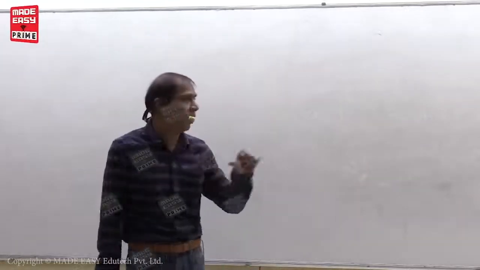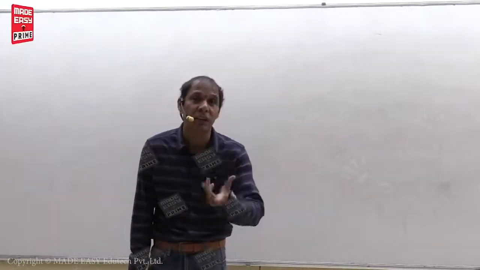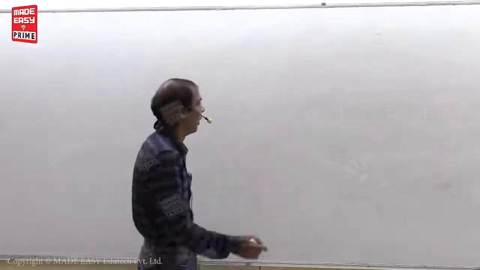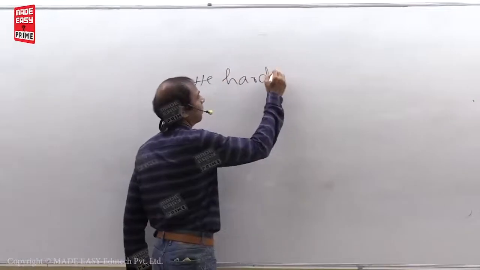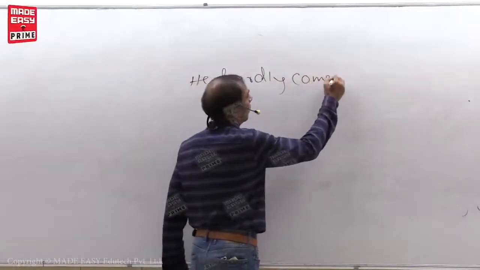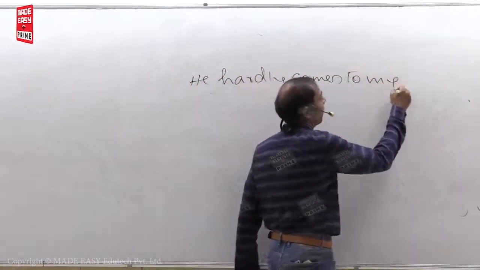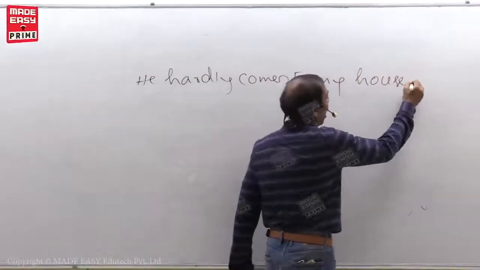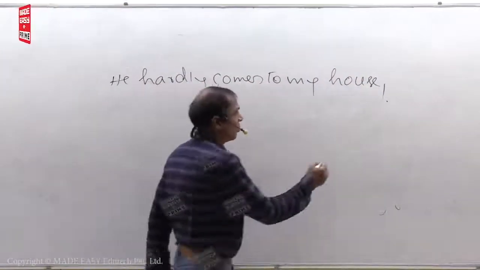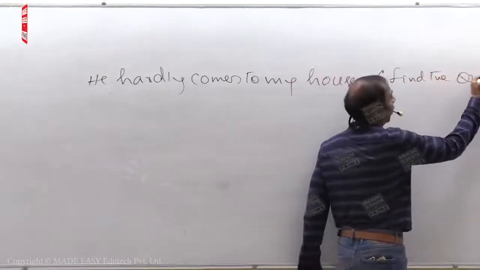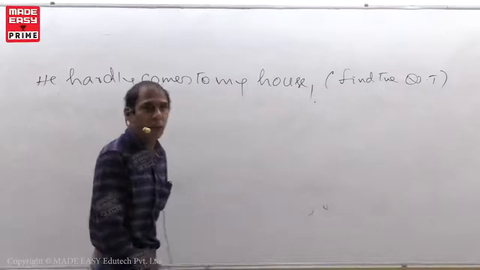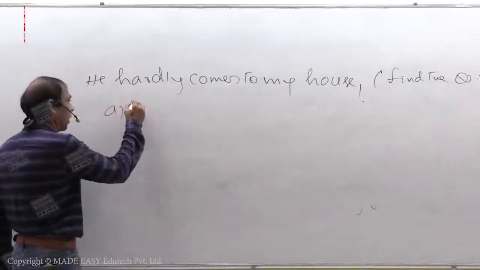Suppose a question is given from this topic, how can we expect it in the examination? For example, see. He hardly comes to my house. Find the QT. QT means question tag. A, does he?